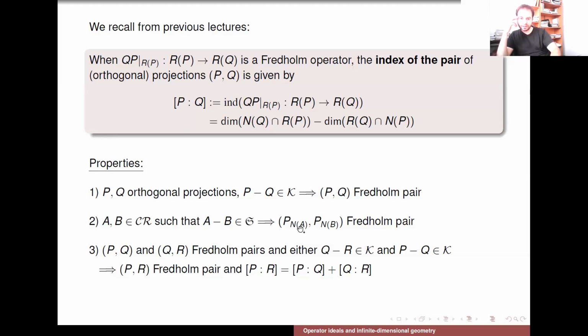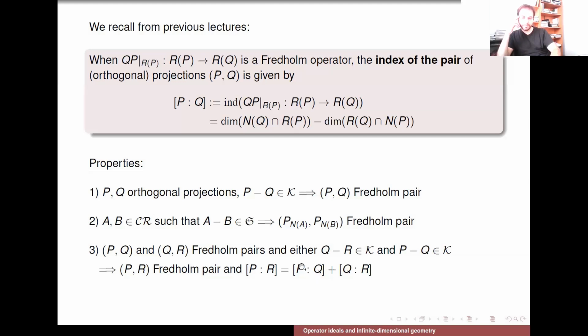Indeed, we proved this result in the last lecture. And also, a useful property for us will be the following. If we have two Fredholm pairs, where here one projection is repeated, then the index can be computed as the sum of these indexes.